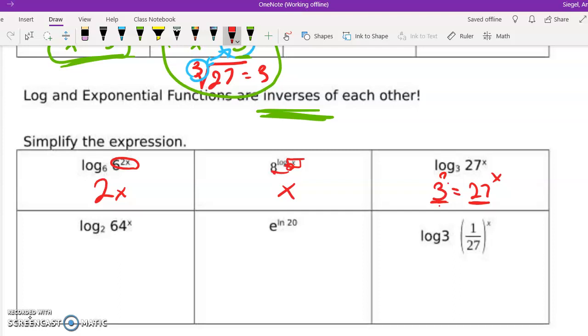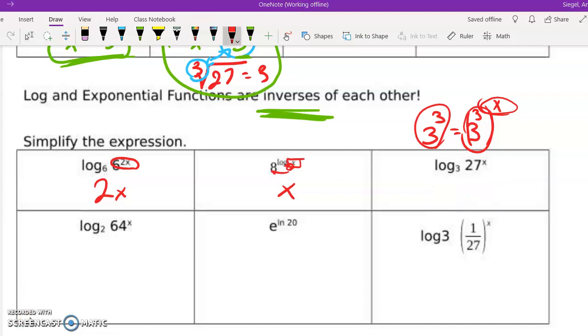That is going to be 3 to the 3rd power equals, like that. Do you see how these bases are now the same? Because they're the same, I know that this is equal, it's just x. That's it.